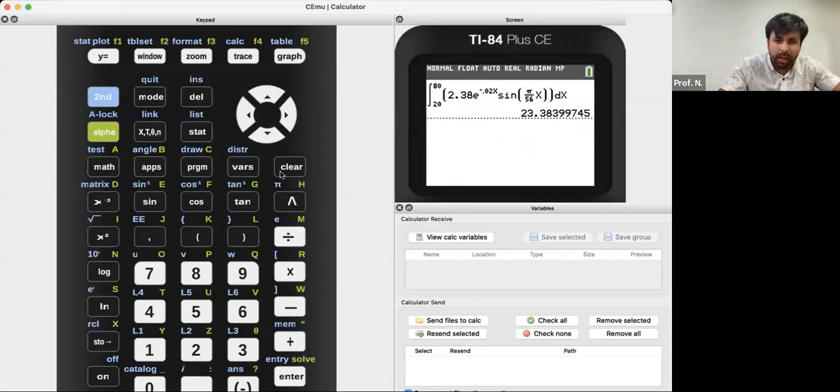I raise 0.2 to the 6th power and divide that by 6. And I get 0.0000106. So you see the first 4 decimal places here will be the same.